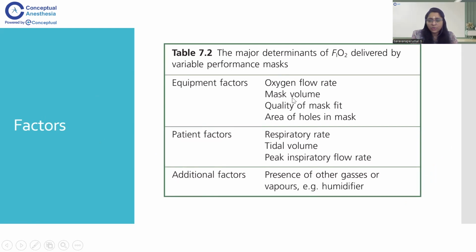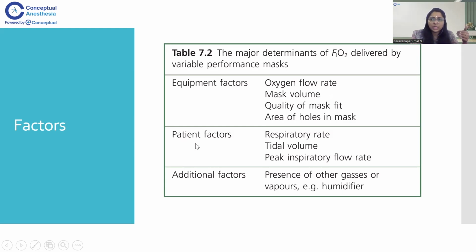Suppose there is no reservoir for the patient, that is, there is no capacity device, then obviously there is no reservoir of oxygen to supply to the patient during inspiration. So the FiO2 will be less when compared to the devices which have a mask volume. And quality of the fit, how good is the fit? If the fit is not proper, obviously room air will get entrained and dilution of oxygen with the air will happen and it will lead to lesser FiO2 inhalation. So these are the equipment factors.